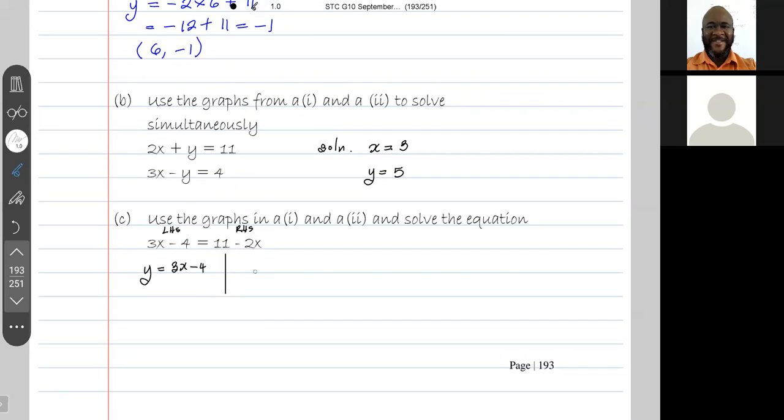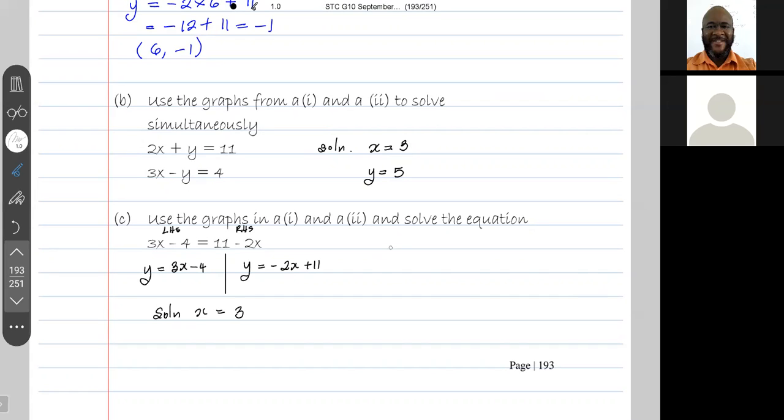On the right-hand side, we have y is equal to minus 2x plus 11, already drawn. The solution are the values of x where the 2 graphs meet. Remember, where the 2 graphs meet, the solution is x is equal to 3, because x is equal to 3 is the value of x where the 2 graphs meet.